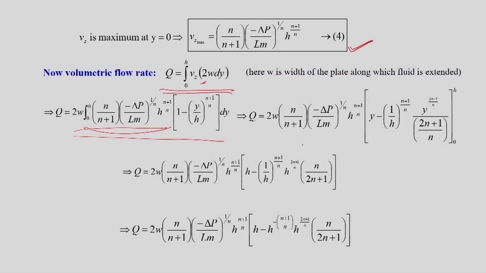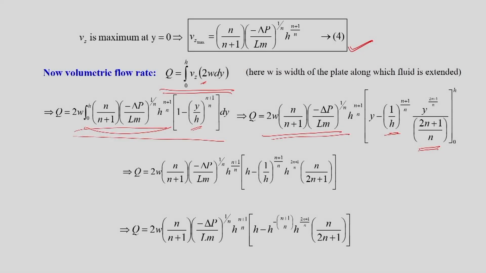So, Q equals 2w, that constant as it is, and then integration of dy is y minus, taking 1 by h power n plus 1 by n common, the integration of y power n plus 1 by n is y power 2n plus 1 by n divided by 2n plus 1 by n. Now you substitute the limits 0 to h, for y equals 0 and y equals h.